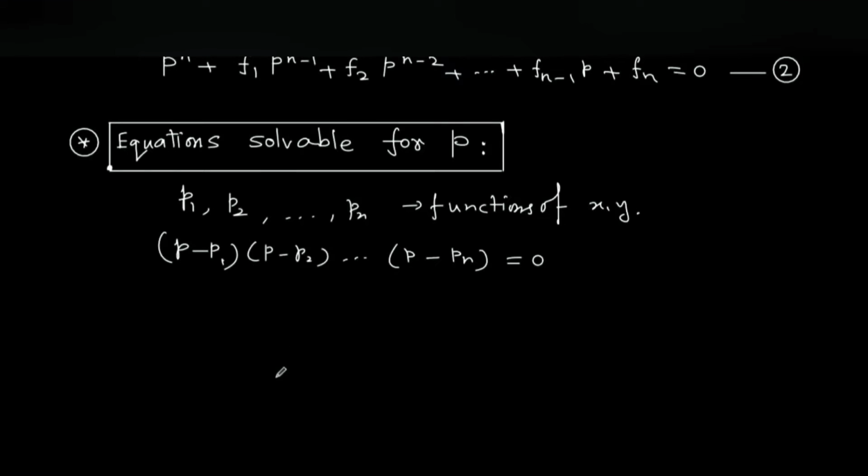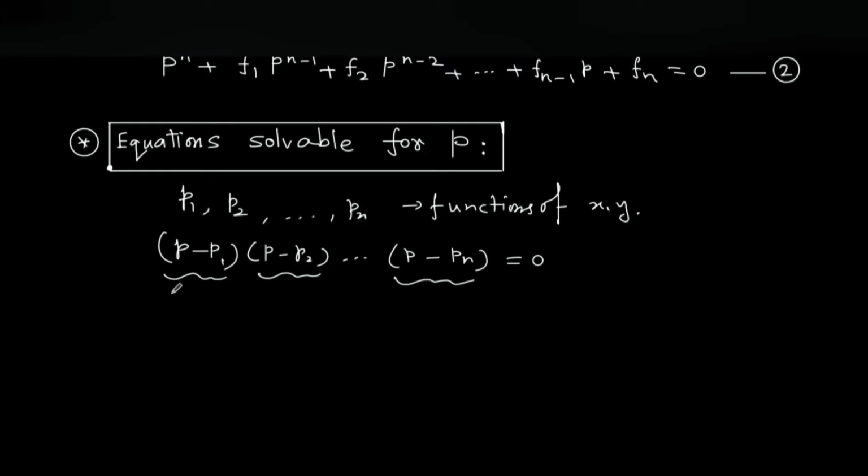And this can be true only if one or more factors, this factor or this factor or this factor, vanishes, and hence any relation between x and y which makes a factor vanish will be a solution of equation 2 as well as equation 1.